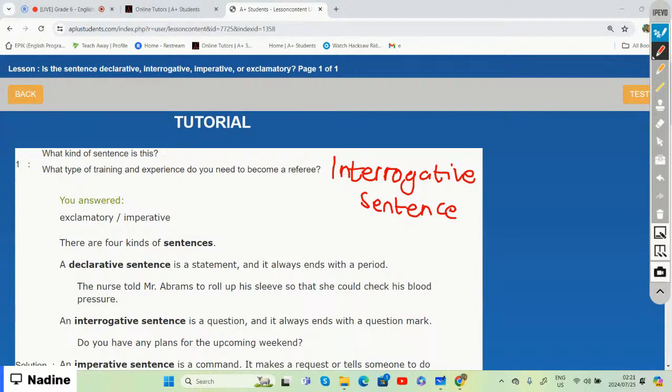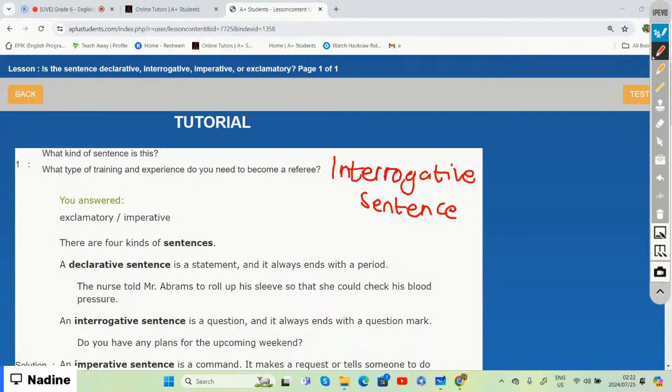So when a question is being asked, we call that an interrogative sentence.